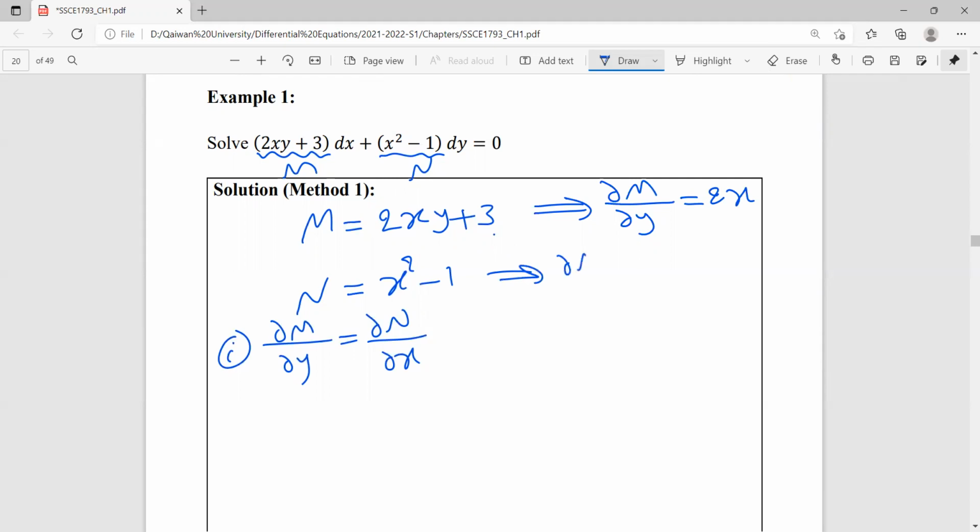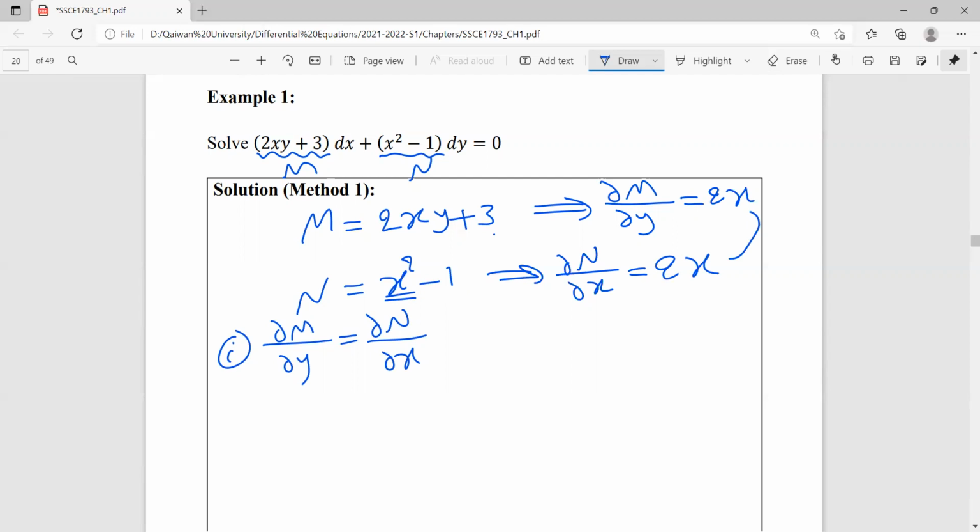So this is partial m by partial y. And partial n by partial x is the derivative of n with respect to x. So the derivative of 1 is 0. The derivative of x squared is 2x. Are these two equal?